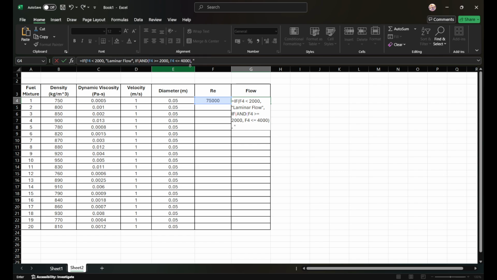Then we can put a statement on what this would be: that it is a transitional flow.